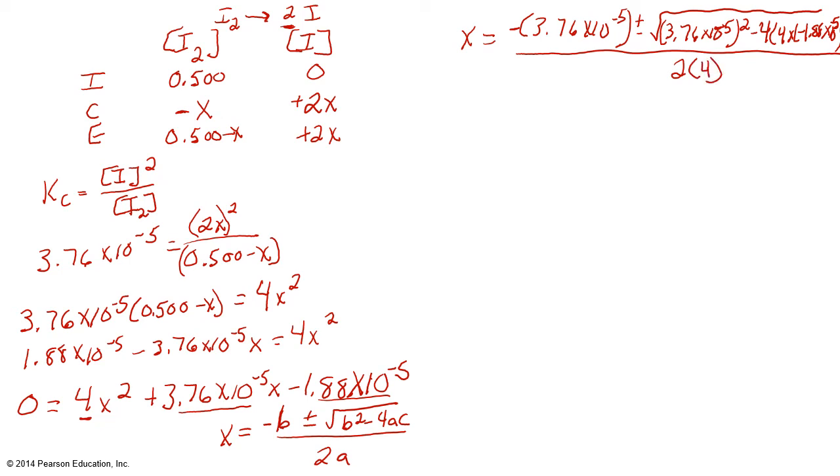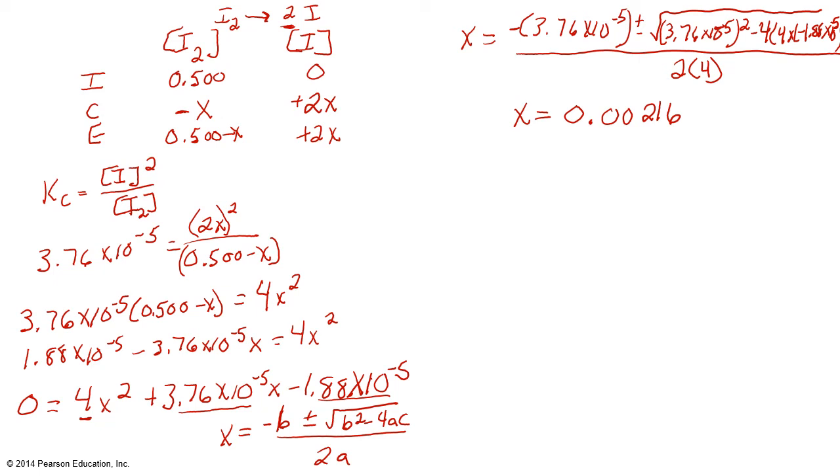Okay, if we solve that, and there are quadratic equation solvers that you can use, we end up with x equals 0.00216. Remember, only one root will give you a reasonable answer because we're talking about concentrations. So only one of the roots will be reasonable.